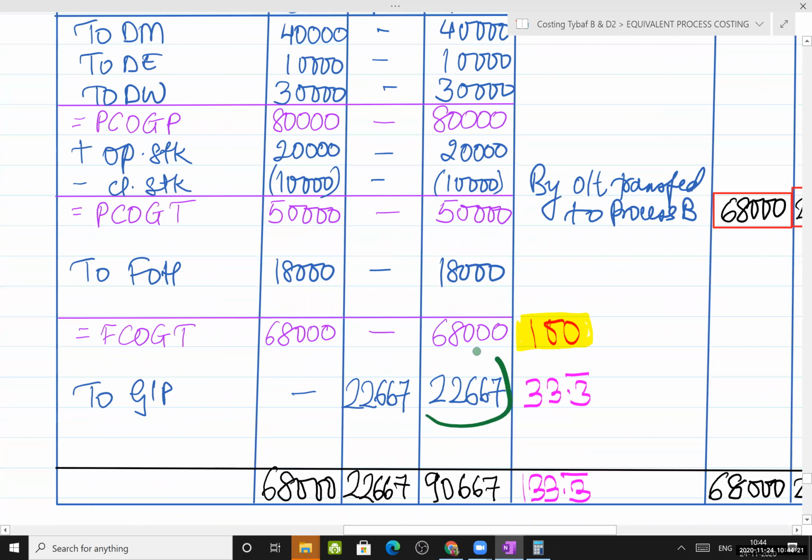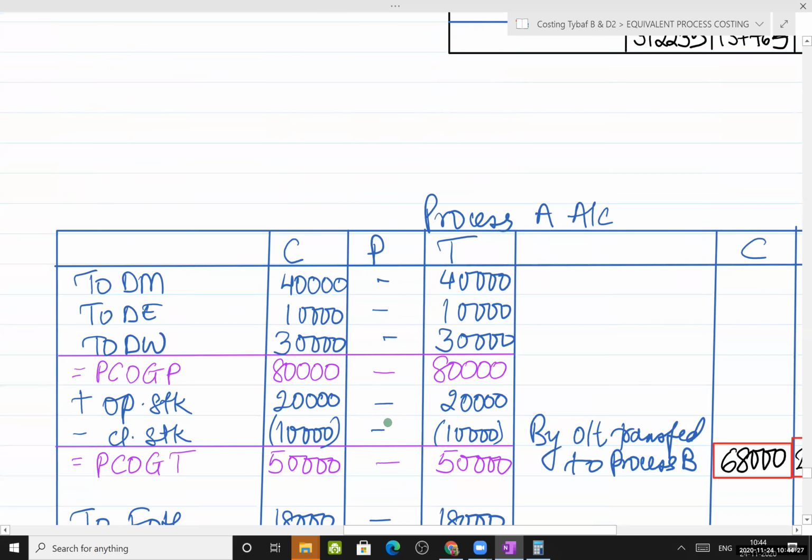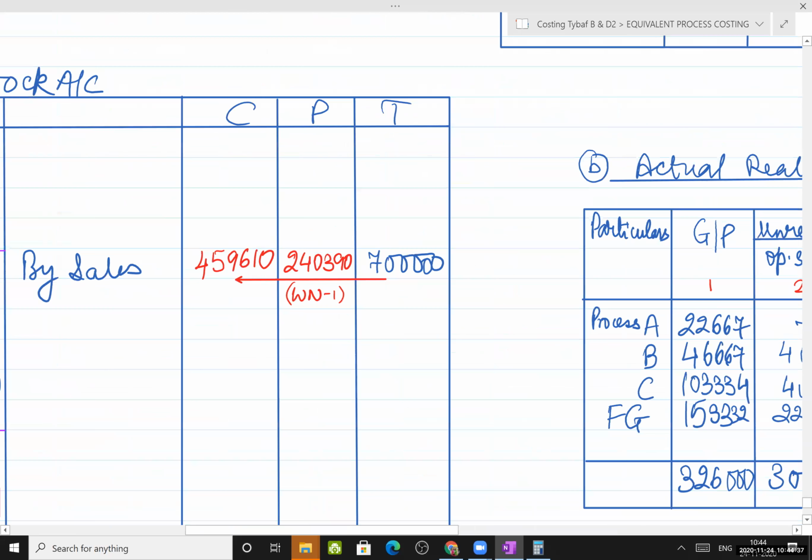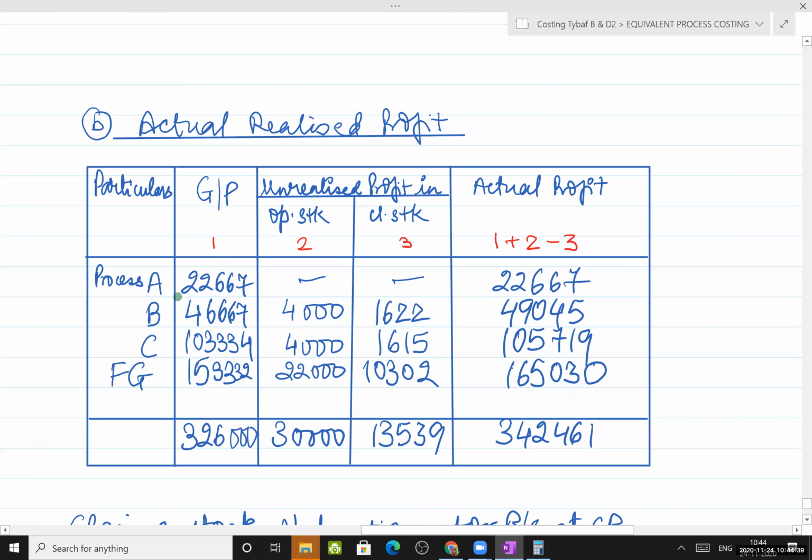How much is GP? 22,667. ठीक है. Profit element in opening stock, not there, 0. Profit element in closing stock, not there, 0. Okay, so write it that way.